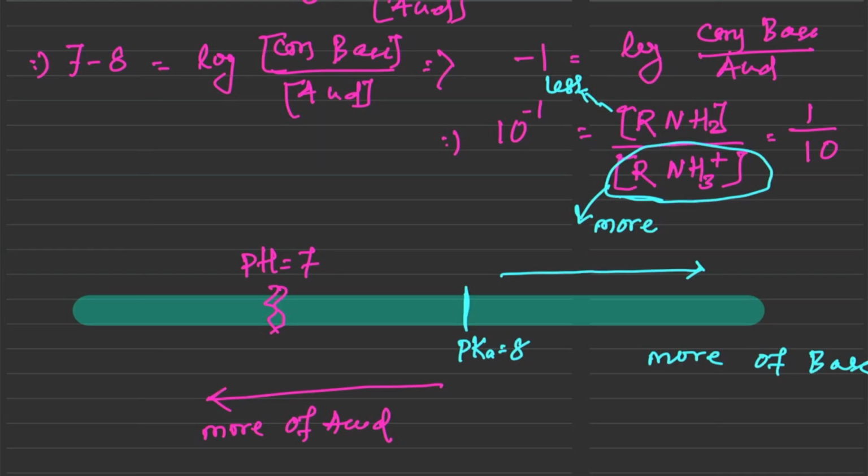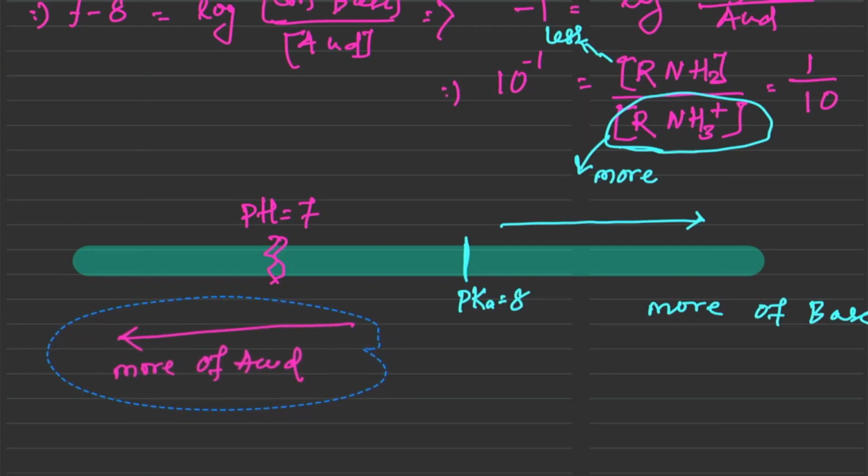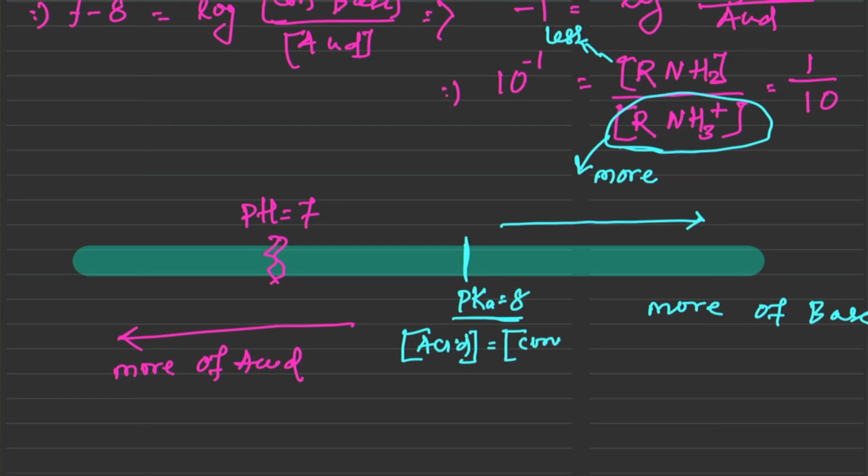So what is the definition of pKa based on our previous video? If your pH is exactly the same as the pKa, this is what we call the sweet spot. At this point, if your pH is exactly 8, then your concentration of acid is going to equal the concentration of conjugate base.